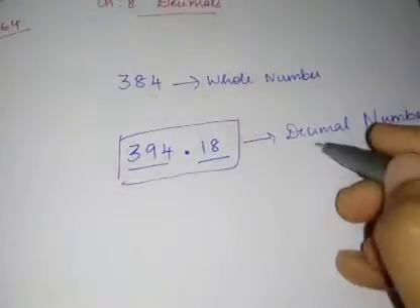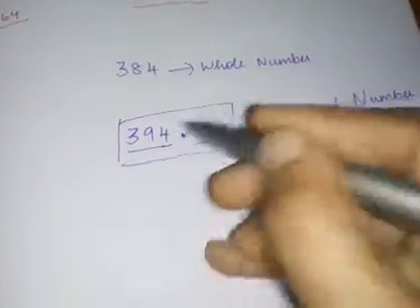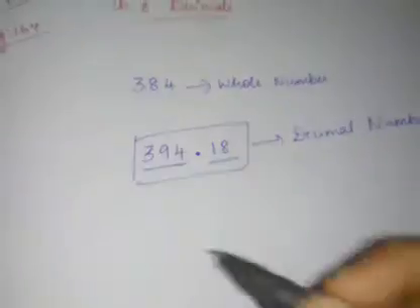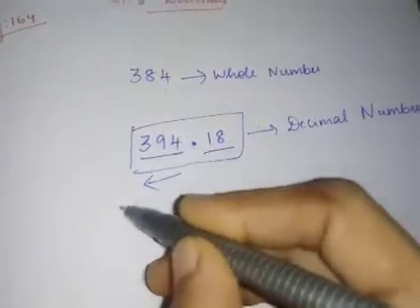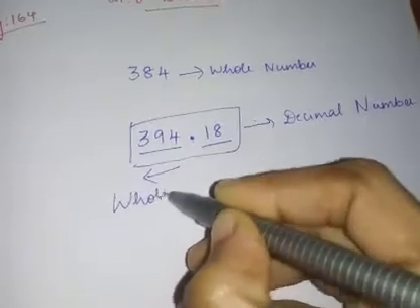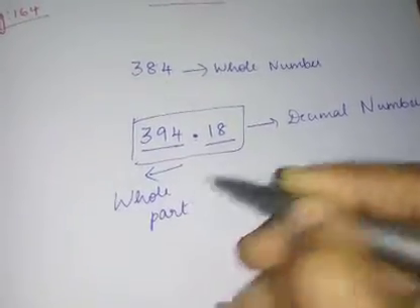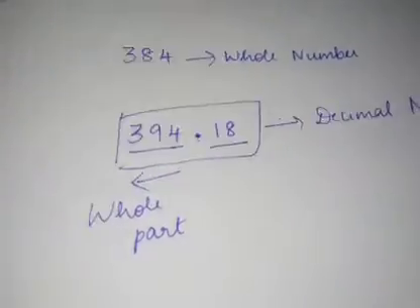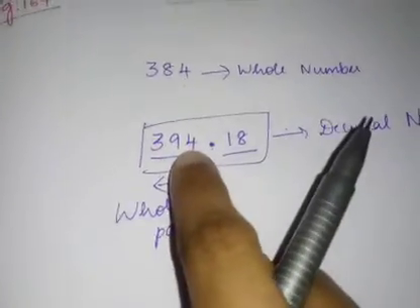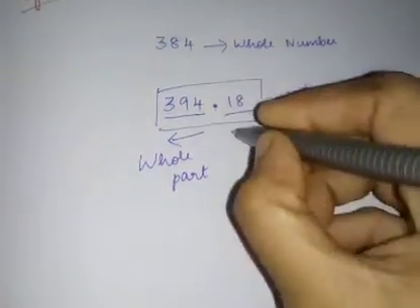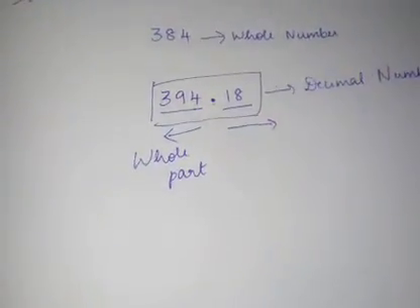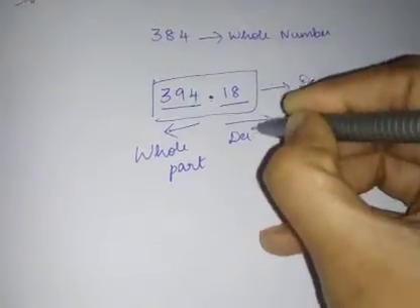The left side of your decimal point is called the whole part. The right side of your decimal point we call the decimal part.